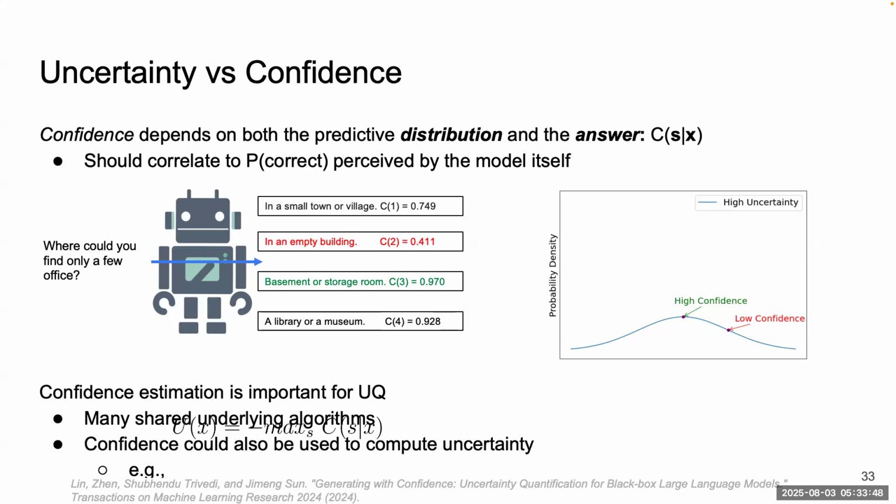So one way of doing that is, if you have an estimate of the confidence for each generated output, then one way of defining the uncertainty for that input is to take the maximum and then take the negative value of it, because it implies that if you have a highly confident prediction from your model, your uncertainty is very low.